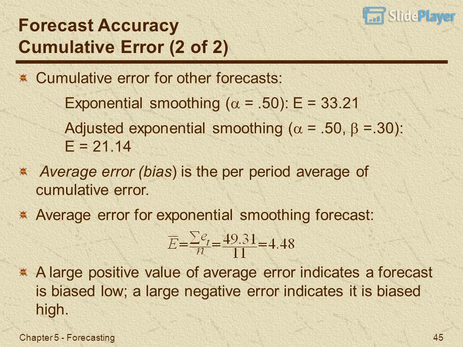Average error, or bias, is the per period average of cumulative error. Average error for the exponential smoothing forecast. A large positive value of average error indicates a forecast is biased low, and a large negative error indicates it is biased high.